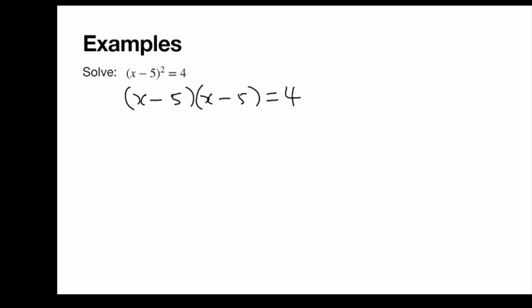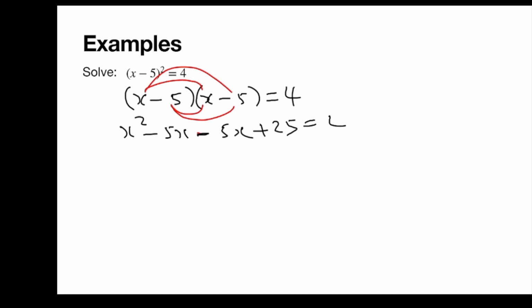So if you're going to FOIL this, the firsts will give you x squared. The outers will give you negative 5x. The inners will also give you minus 5x. And the lasts will give you plus 25.